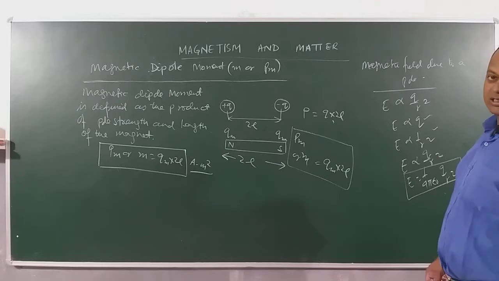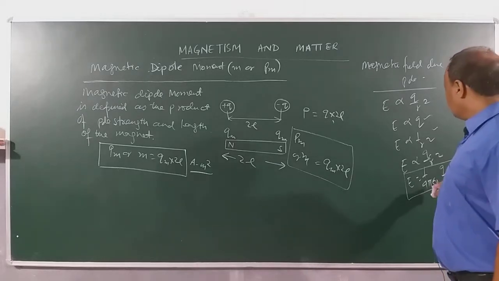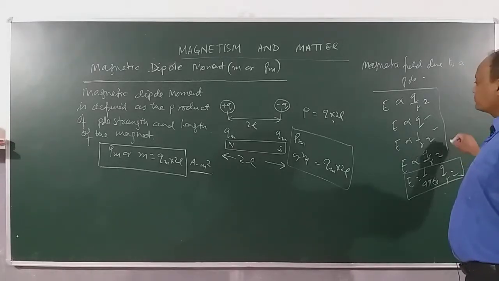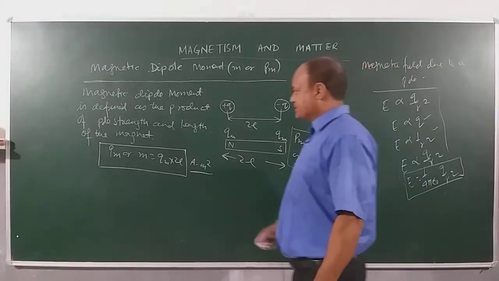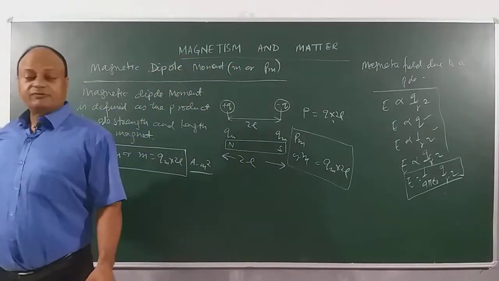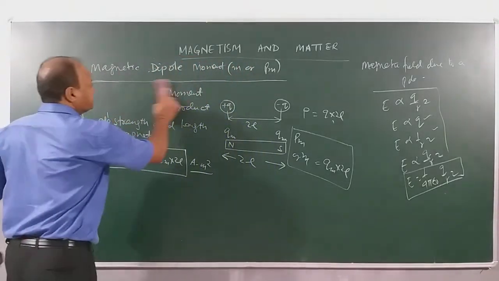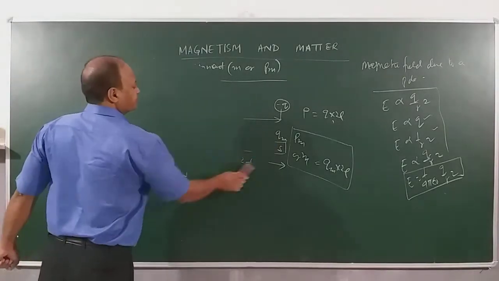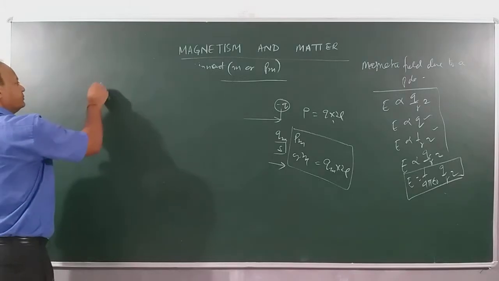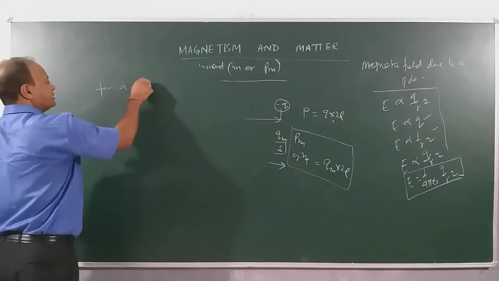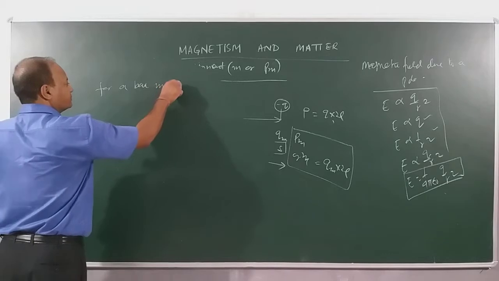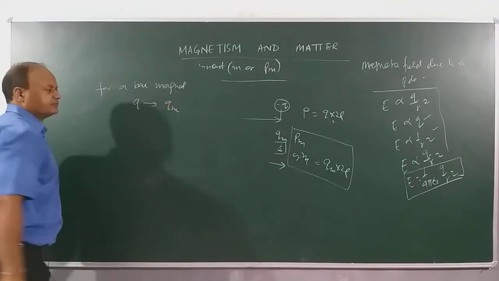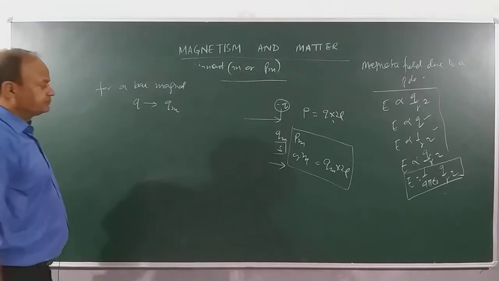Now when you calculate magnetic field due to a pole at a point, remember, for a bar magnet, if you see the analogy, Q is the same as Q magnetic, clear?